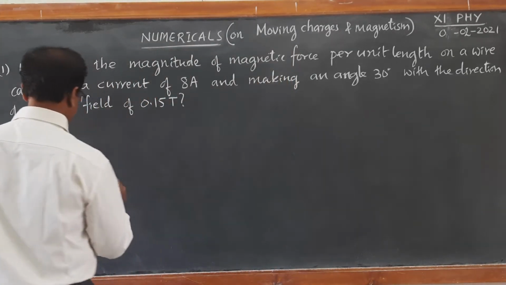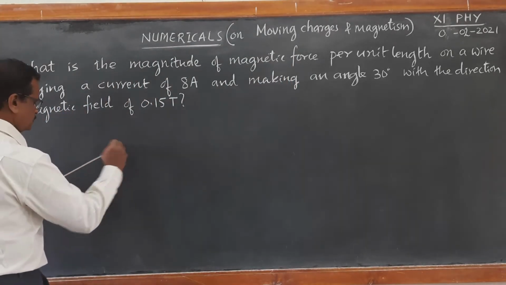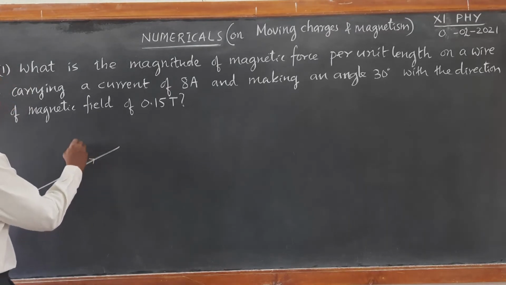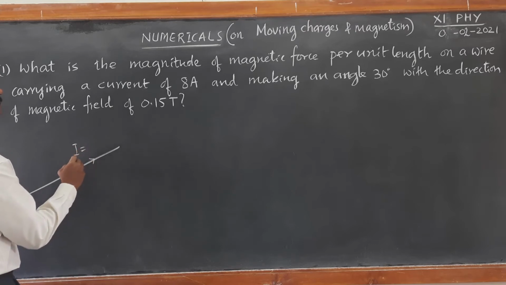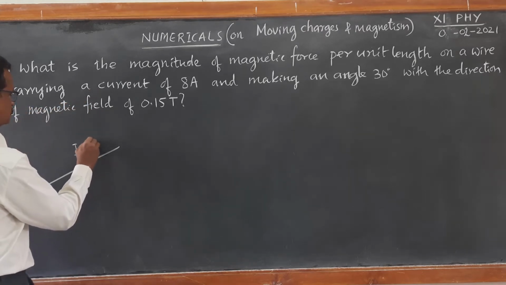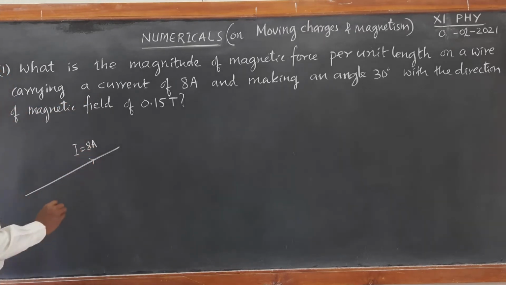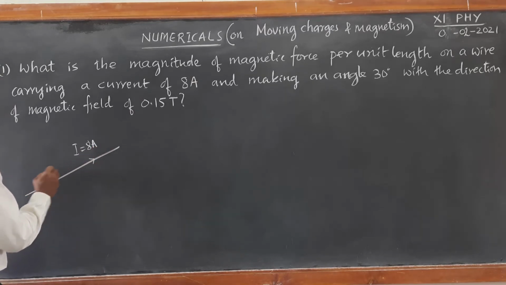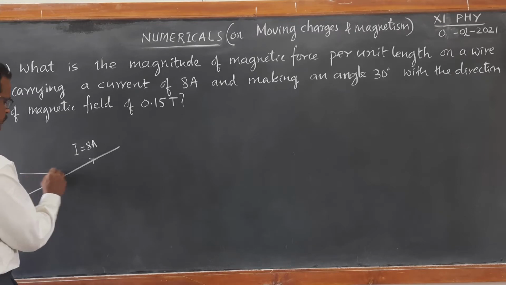So here just draw a simple diagram. This is a current carrying conductor having current I is equal to 8 amperes having certain length L, and this is placed with respect to a magnetic field.